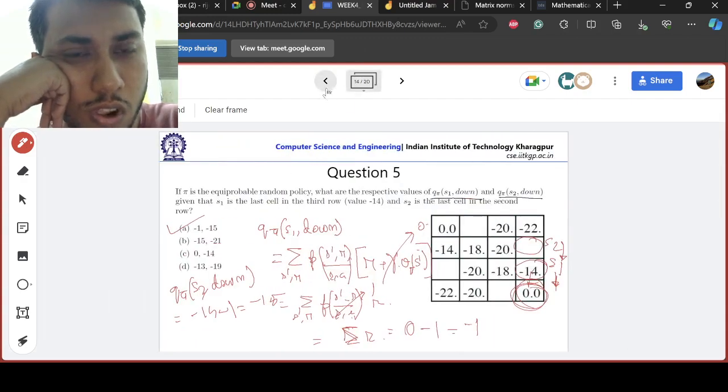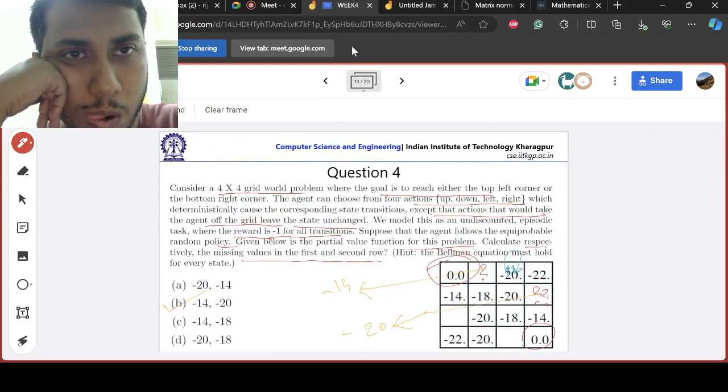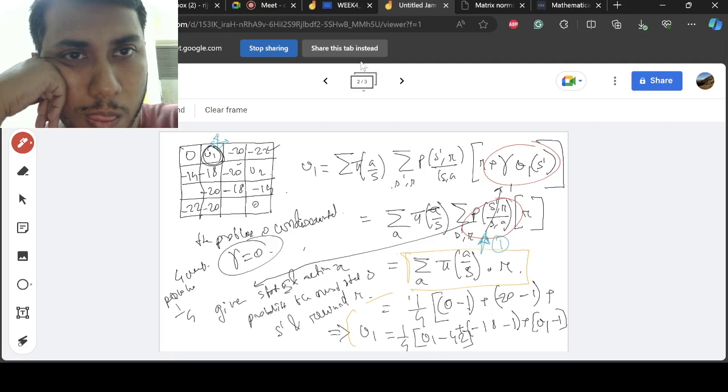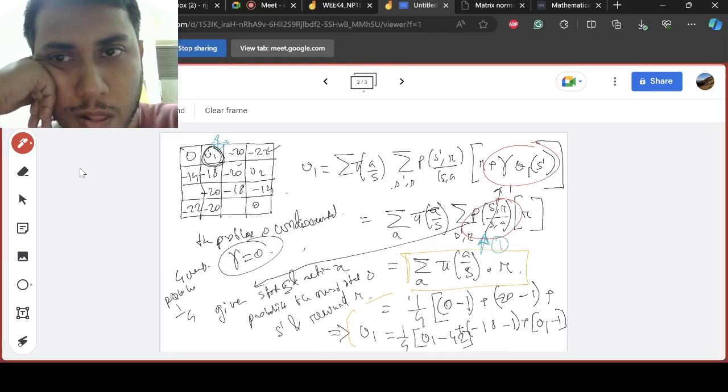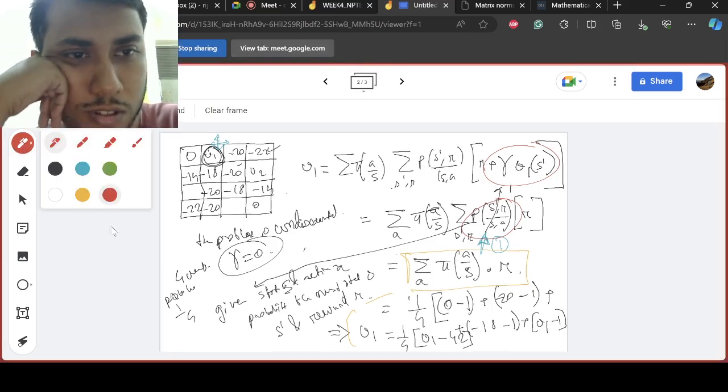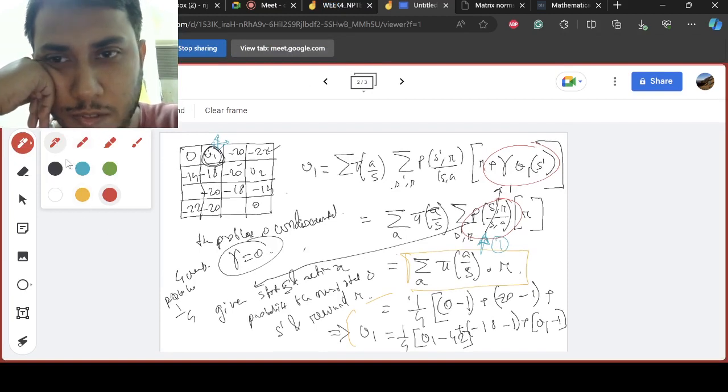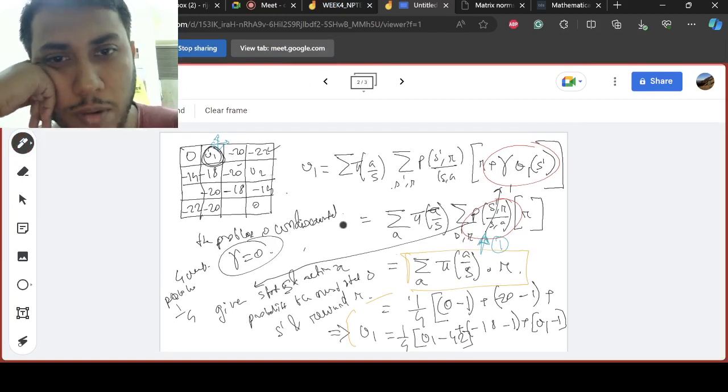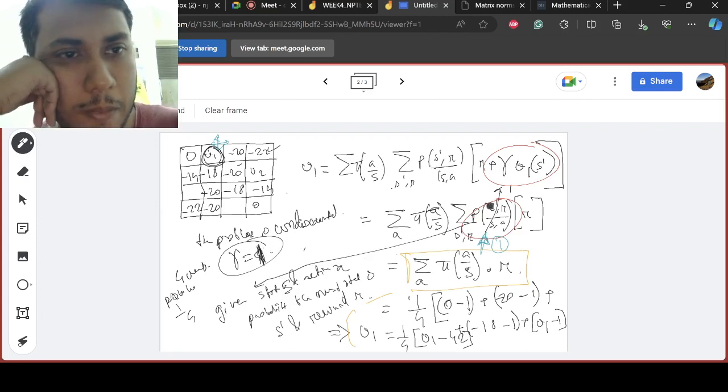One minute. Sorry. So this gamma will be 1. Undiscounted is gamma equals 1. So this gamma value will be 1. So this one will become r plus v pi.